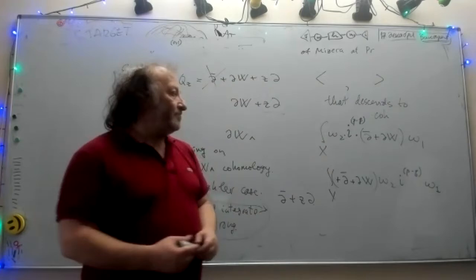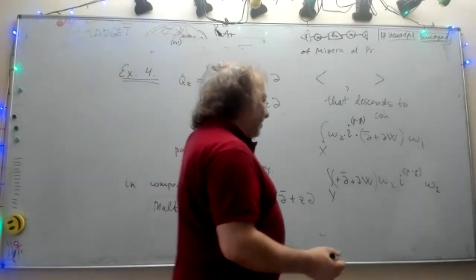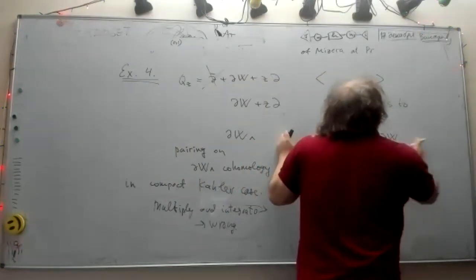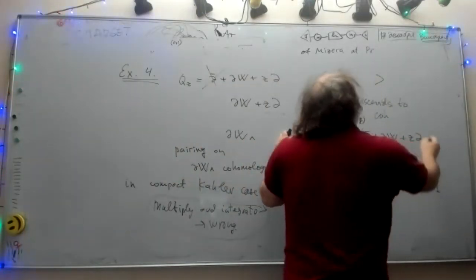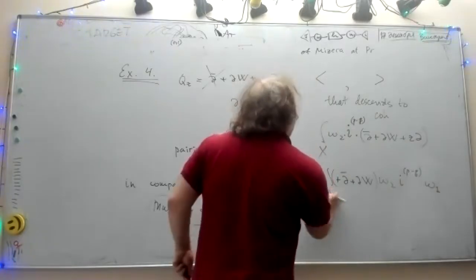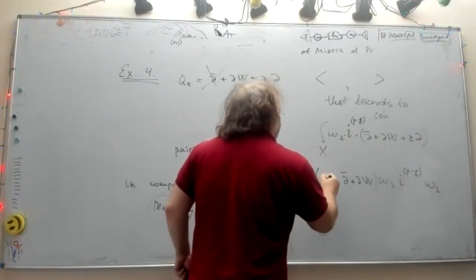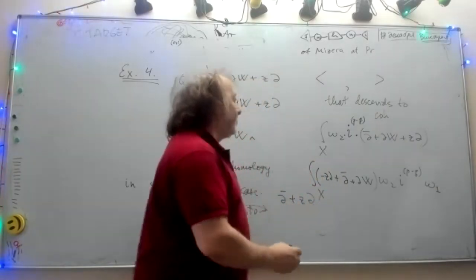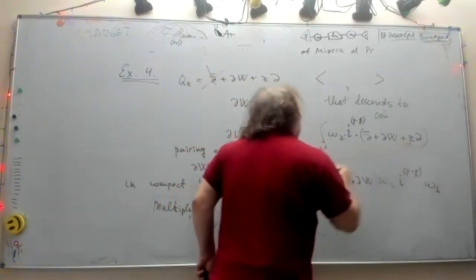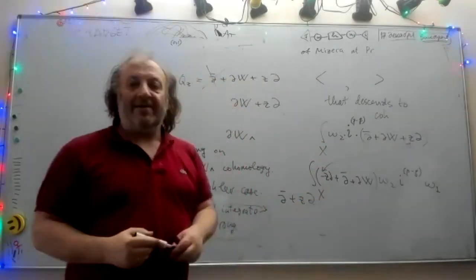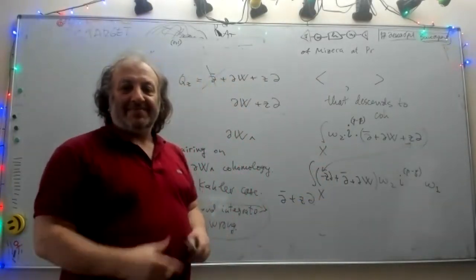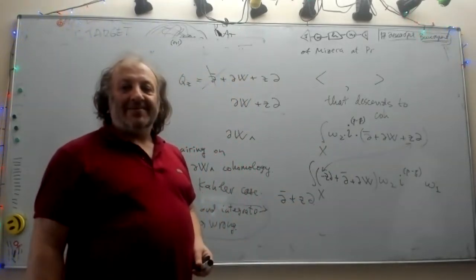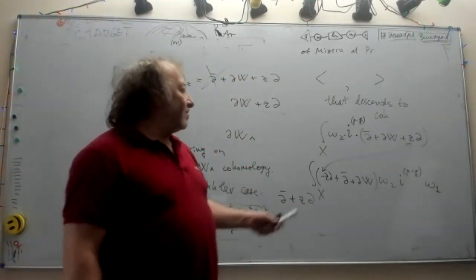However, when you consider the pencil dW plus zD, when you go all the way around, you will get minus zD. Here is the minus side. It's interesting.